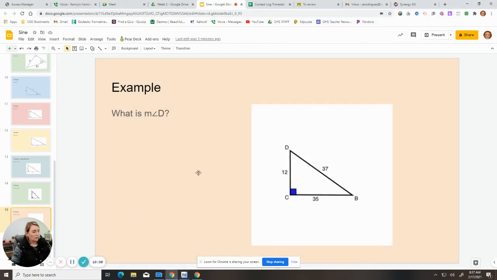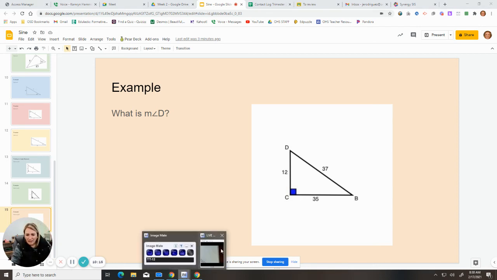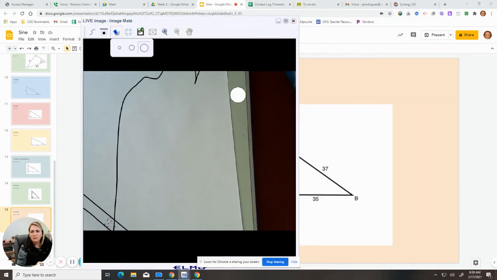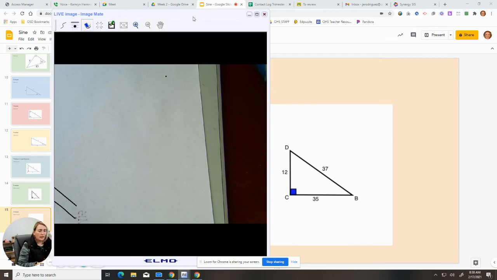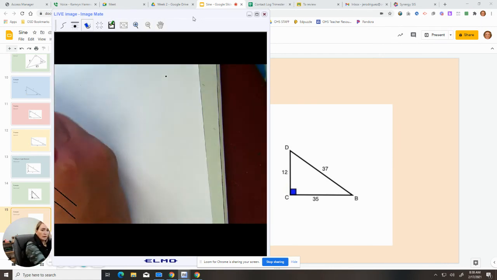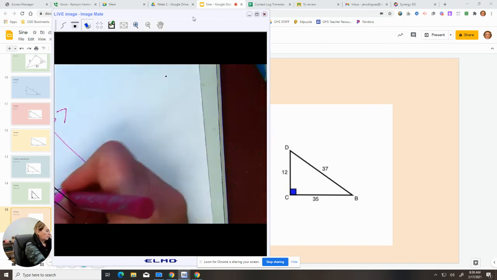One more example. And for some reason it didn't show up, so I'm just going to draw it. Let me move this over here. Okay. So we are going to have 12, 37, and 35.